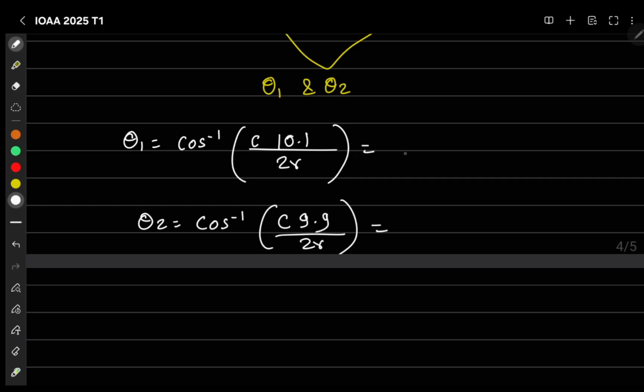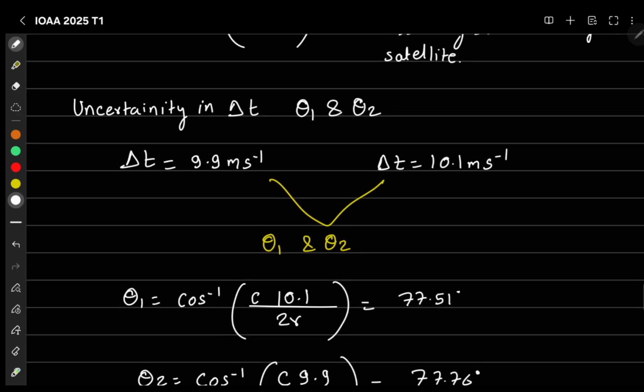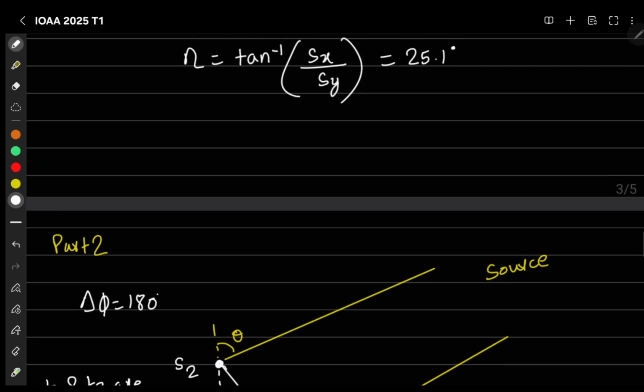If I perform the calculation, I get 77.58 degree here and 77.76 degree here. So because of the uncertainty in delta t, there are two delta t values, 9.9 and 10.1, and because of that there are theta 1 and theta 2.